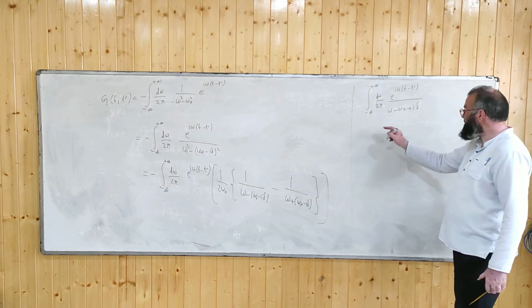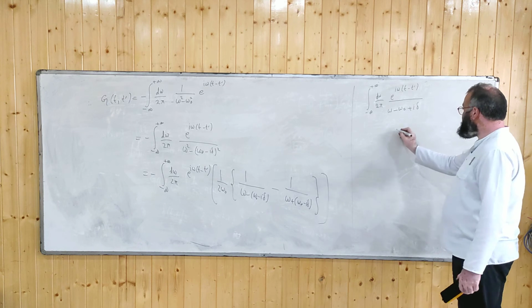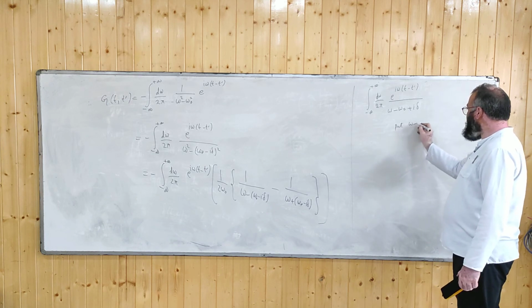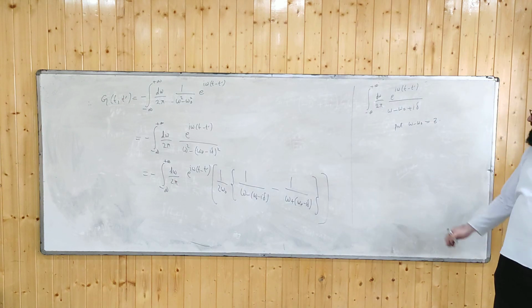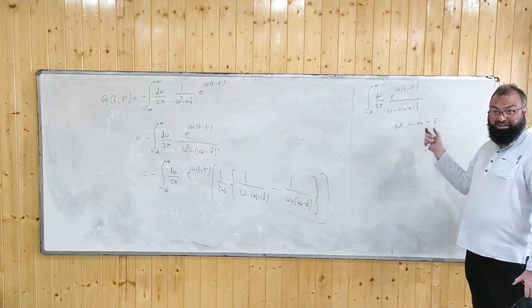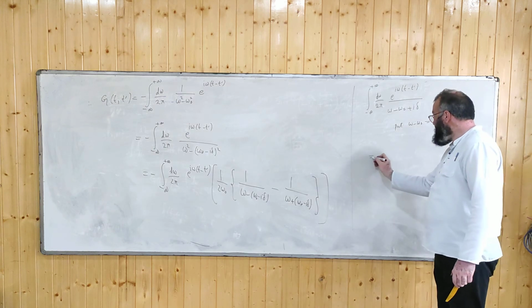Now what I will do is put omega minus omega naught equal to z. Clear? So let's substitute this difference to be equal to z. What will I get?